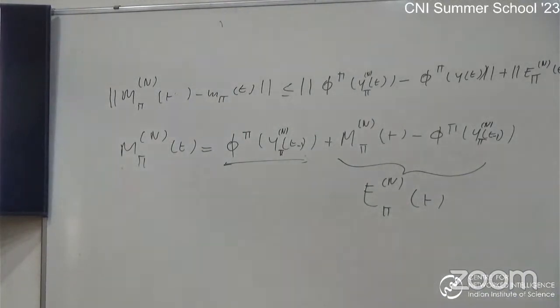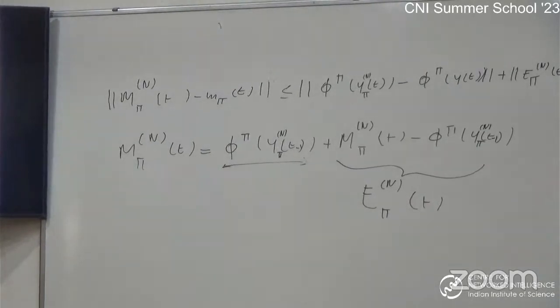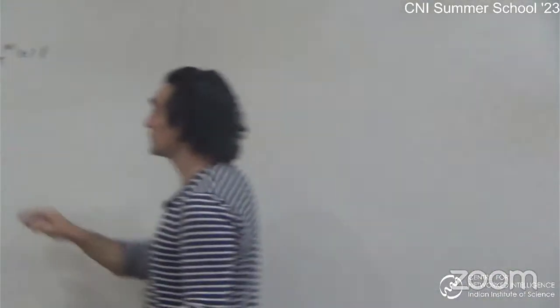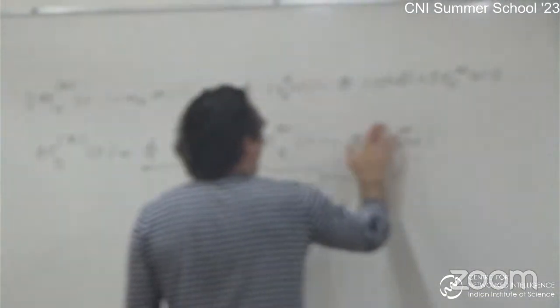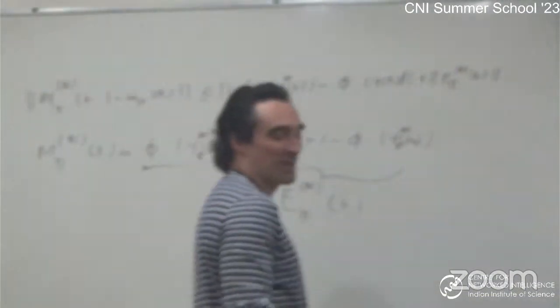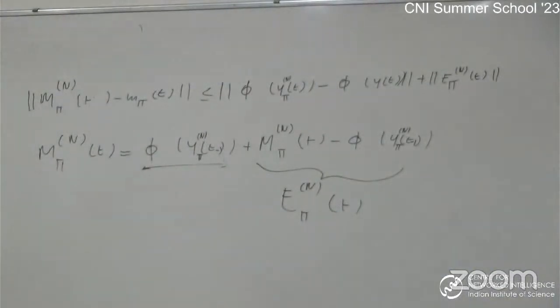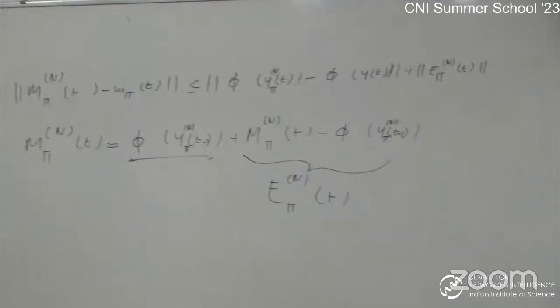So now what we are interested in is to look at P of yn of t minus P of y of t plus the expectation, plus, sorry, the error.